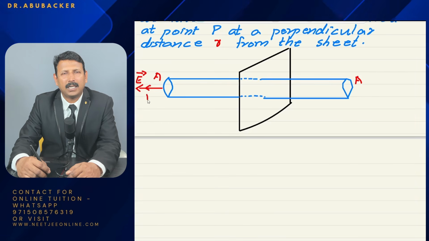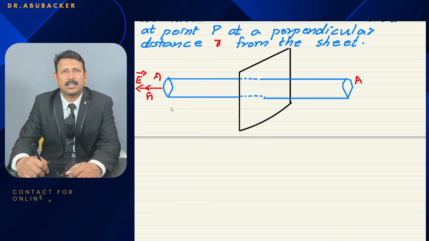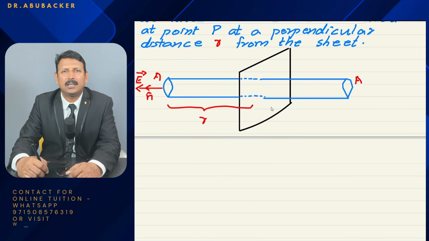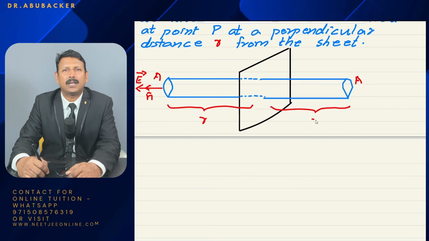Why away from the sheet? Because the charge we considered is positive charge, so the electric field from the positive charge will be away from the charge. That's why the direction of the electric field is marked away from the sheet on both sides.